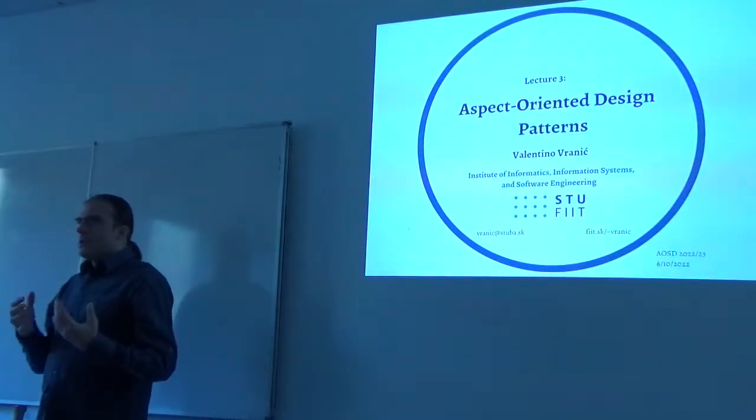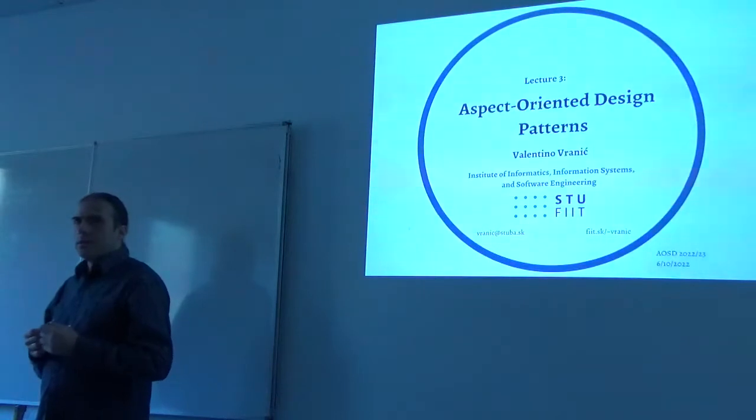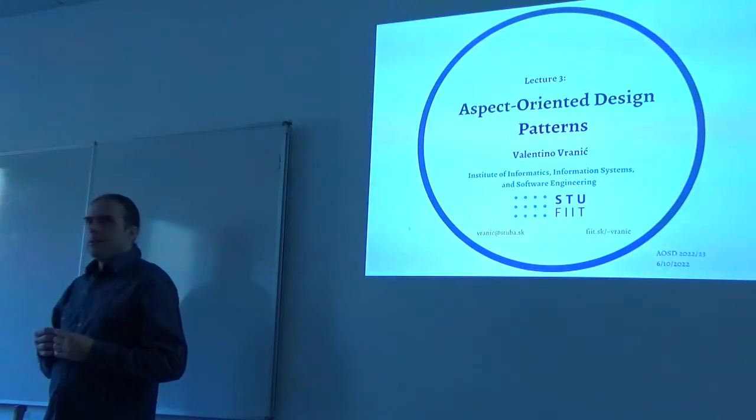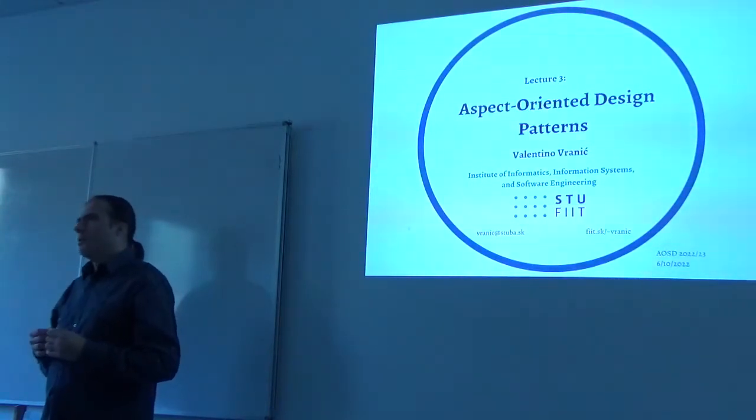And these things we call patterns. Patterns have been observed first in building architecture by Christopher Alexander, but I think that the life that they had in computer science they have not had so far in building architecture.